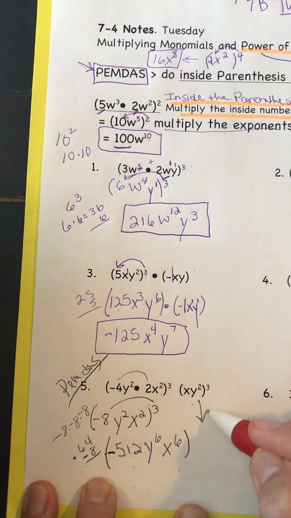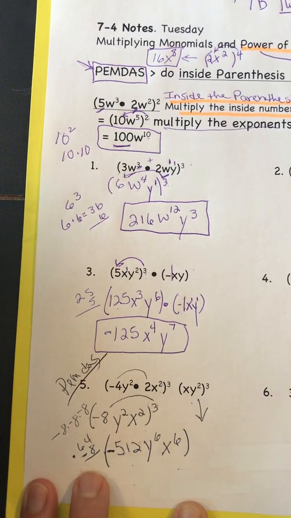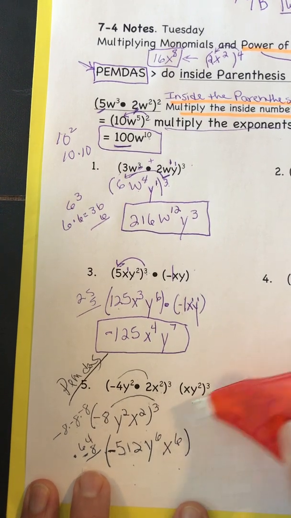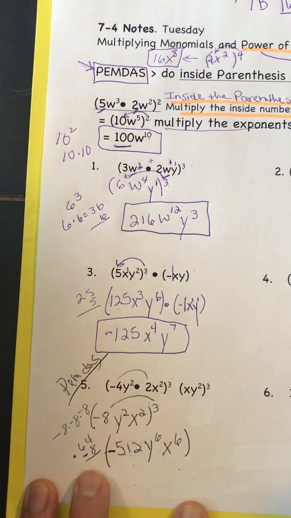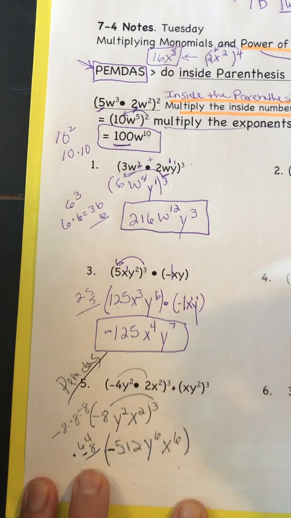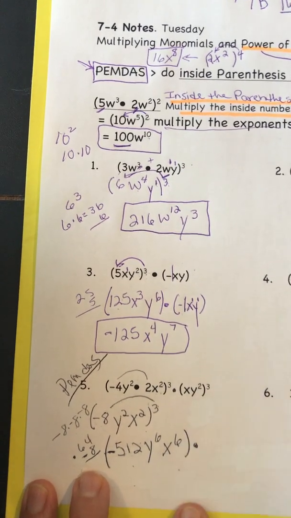Now I'm bringing down this next part. I'm not going to bring it down quite that far because I need to take care of the power of powers here. Notice this is a multiplication problem also, so I'm going to have a times sign right there.